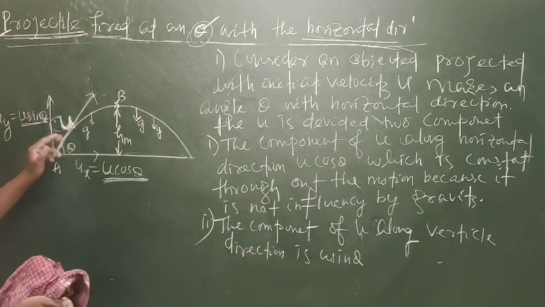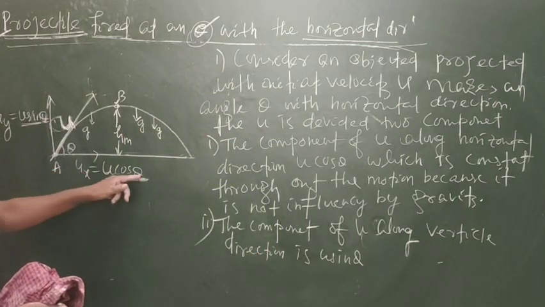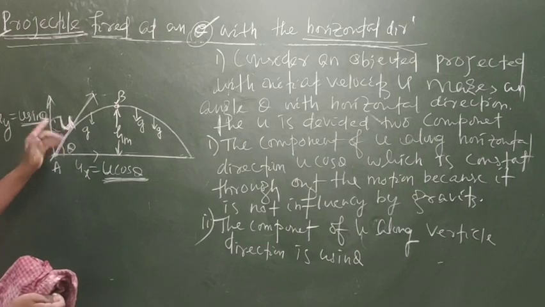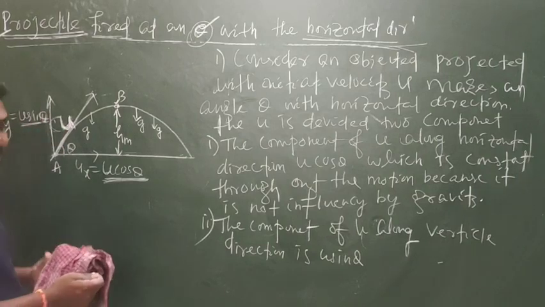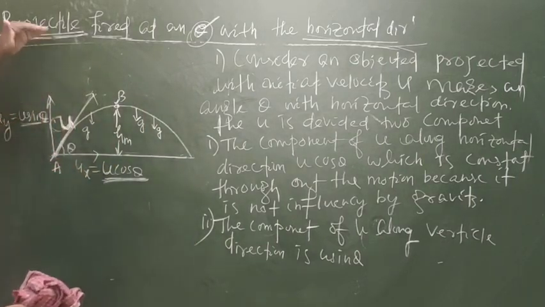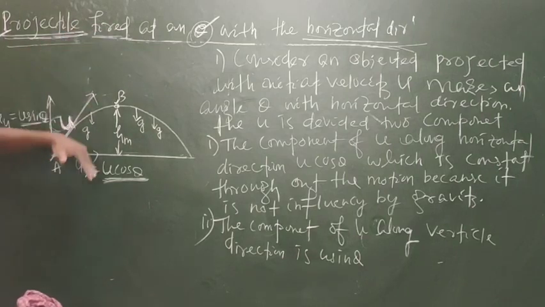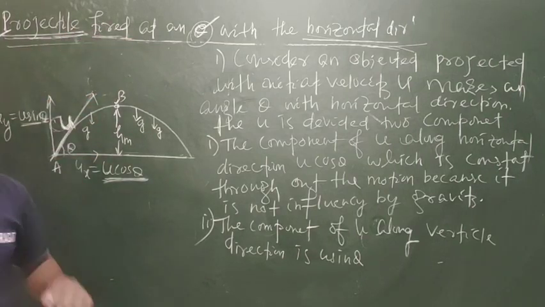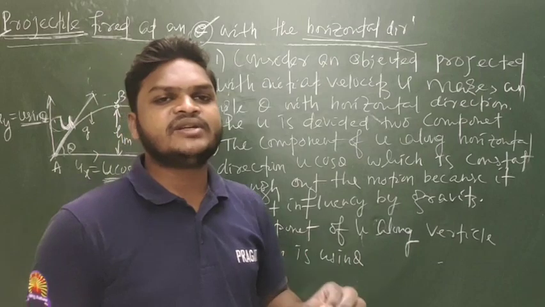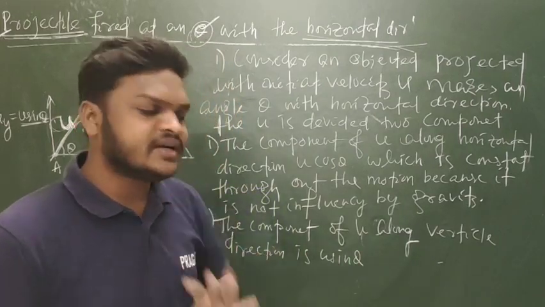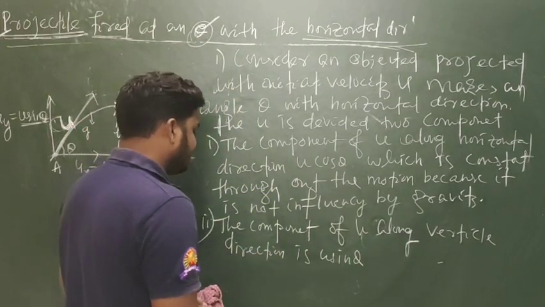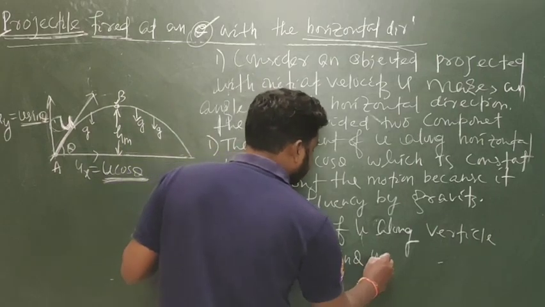The component of u along horizontal is u cos theta, but the component along vertical is u sin theta, which is vertically exerted. Gravity is also vertically exerted, so it is influenced by gravity and its value always changes due to gravity.